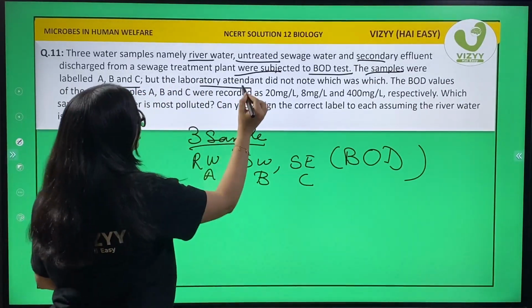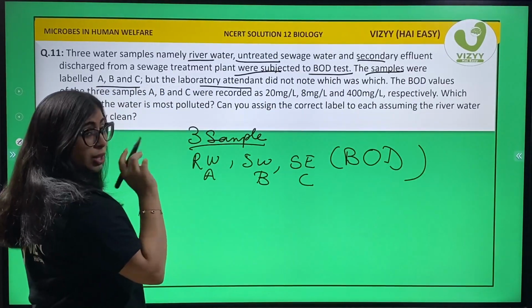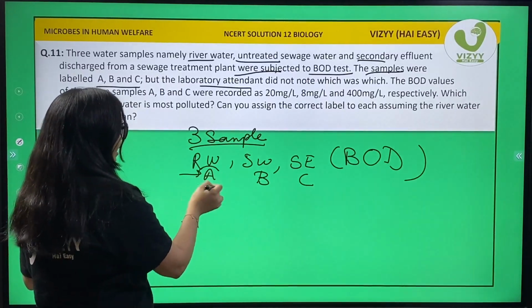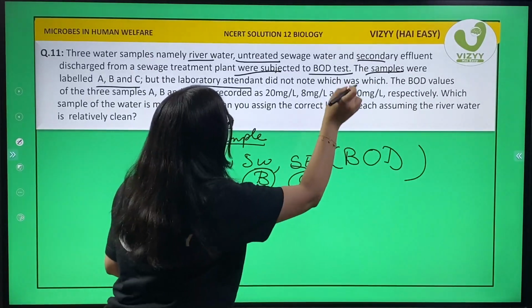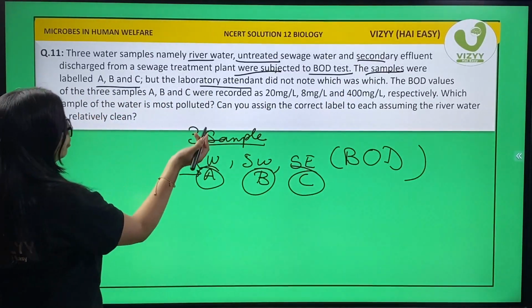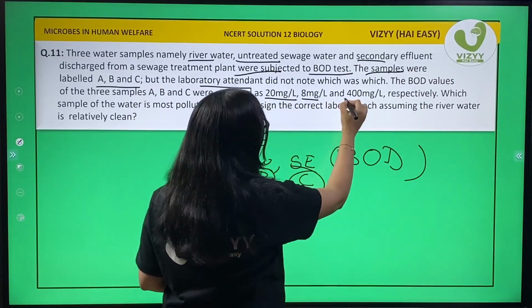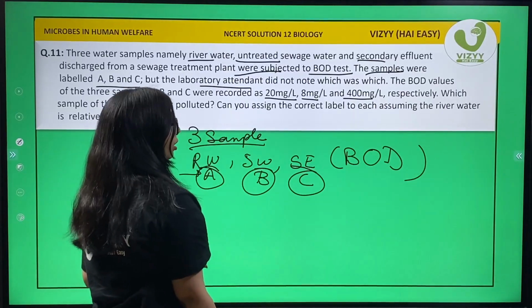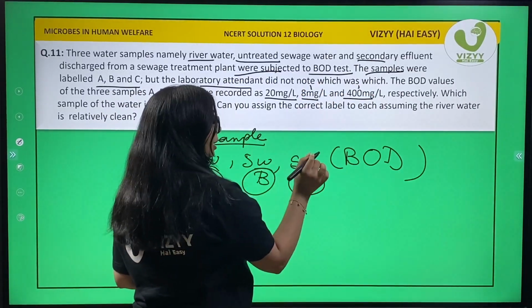But the laboratory attendant did not note which one was which. So rookie mistake. He did not know that A is what, B is what, and C is what. Now, the BOD values of the 3 samples were recorded as 8, 20 and 400 milligram per liter. 400 here is maximum and 8 here is minimum.